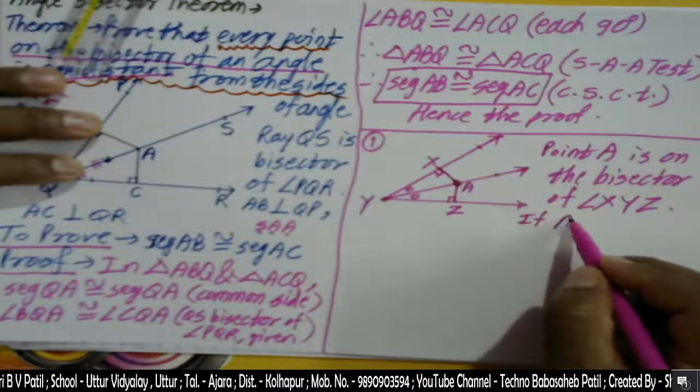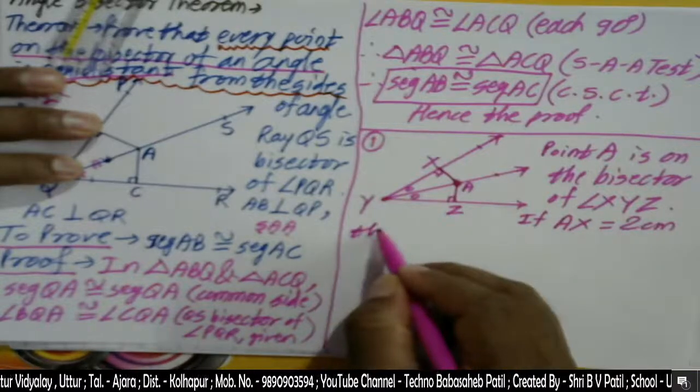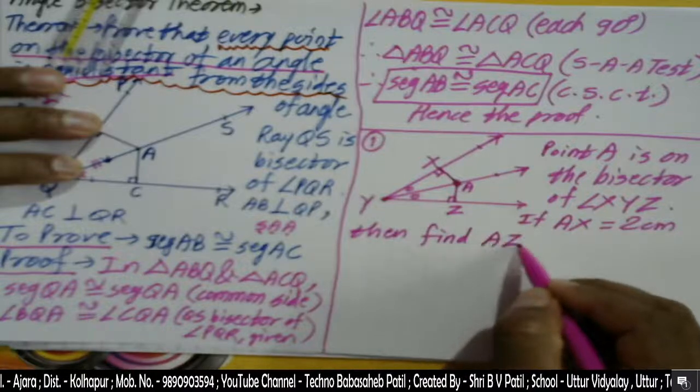If AX is equal to 2 centimeter, then find AZ.